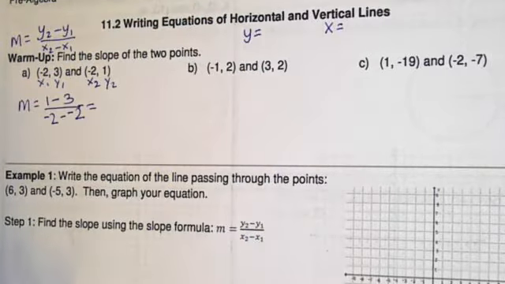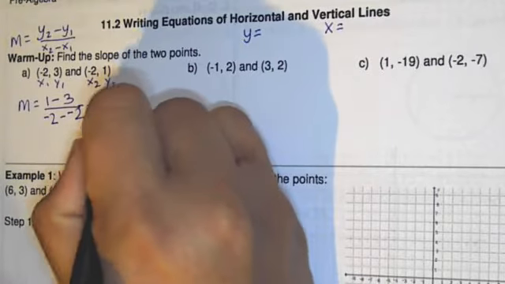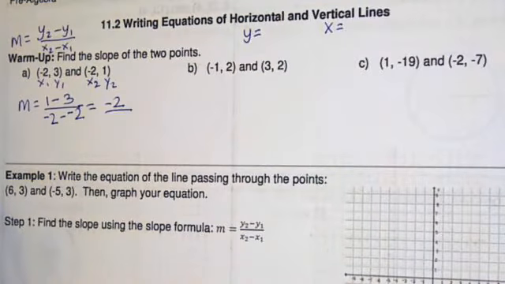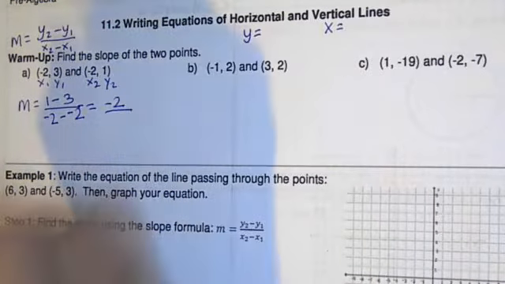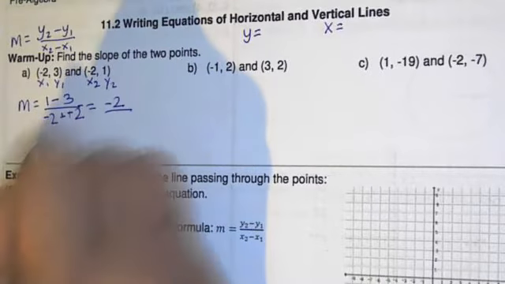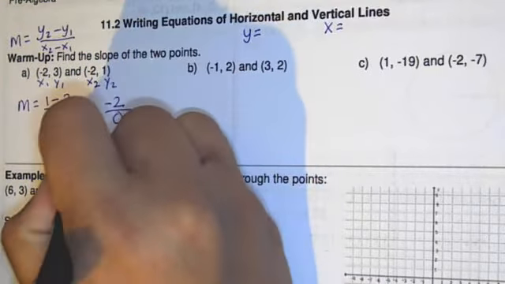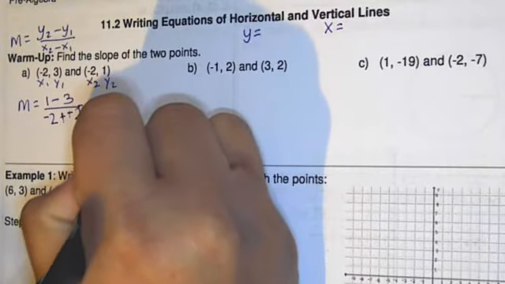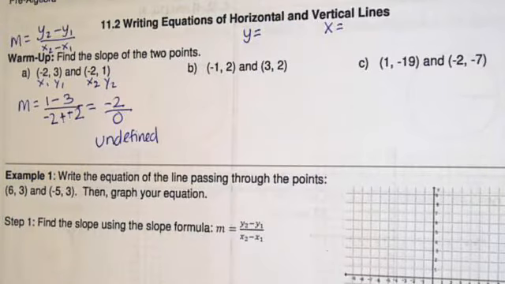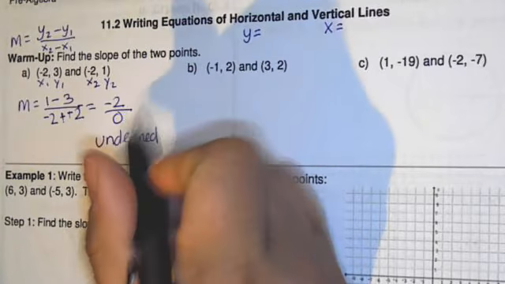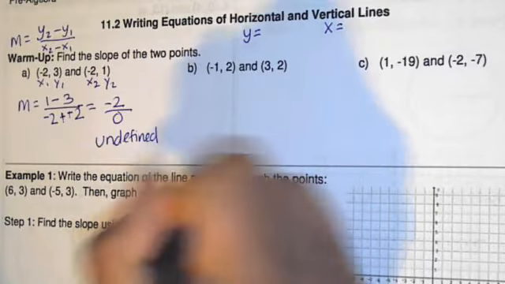And 1 minus 3 is -2. But the denominator, when you take a -2 and subtract a -2, these both turn into pluses, it's actually just 0. And so that would be undefined. We talked about that briefly on Friday. Anytime you have a 0 in the bottom of the fraction, not the top, but the bottom, it is undefined.